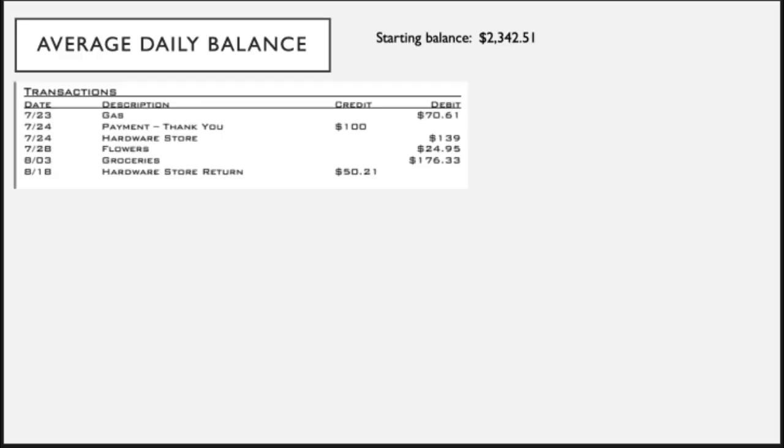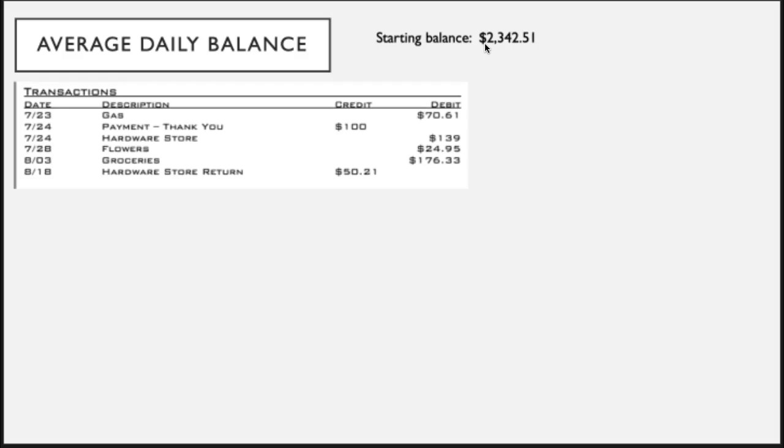Okay, so hopefully you have all of that written down now for each day. And the starting balance is $2,342.51. So on the first day of your billing cycle, which is July 19th, you need to write that the balance on July 19th was $2,342.51.